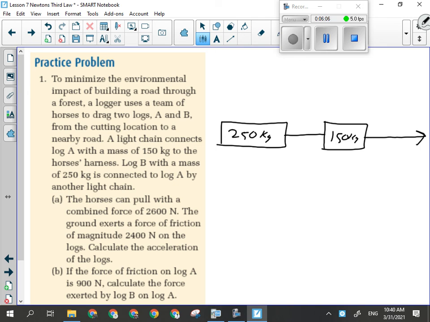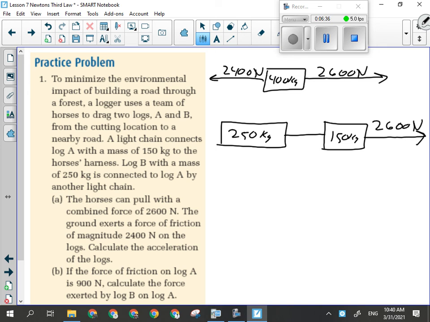The horses are pulling with a combined force of 2,600 newtons. And in part A, they tell us that the force of friction on the system of logs is 2,400 newtons. So to solve part A, I can simplify this diagram so that it just reads this: 400 kilograms being pulled this way by 2,600 newtons, and this way by 2,400 newtons.